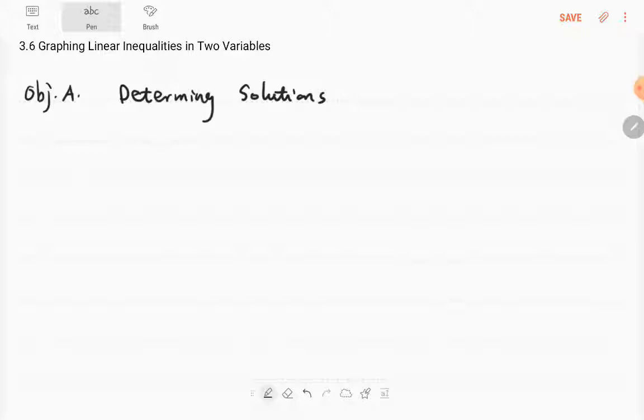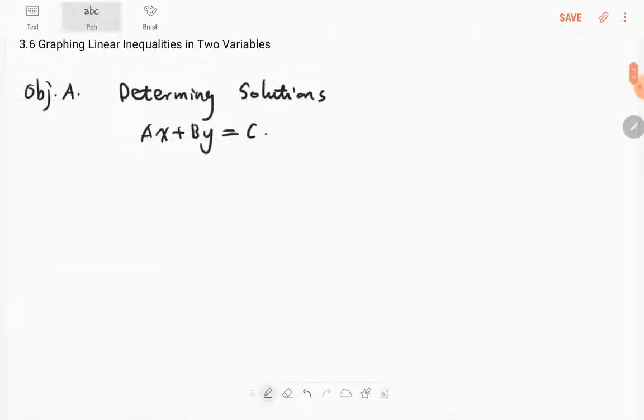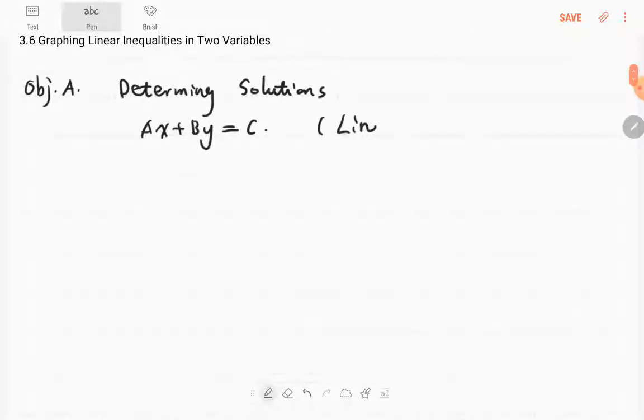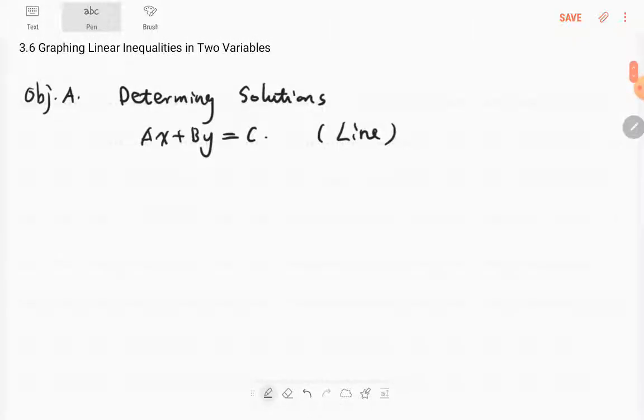So basically, we need to know what is called the linear inequality in two variables. We already know the linear equation has this standard form, ax plus by equals c. This is a straight line. Of course, the inequality should have the inequality sign.